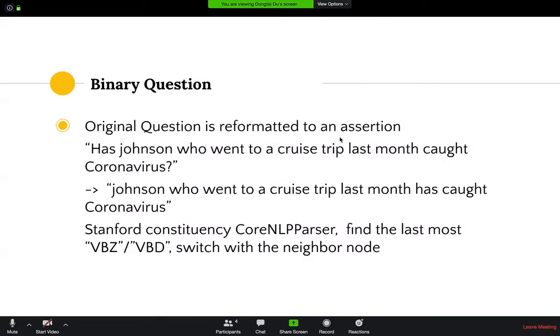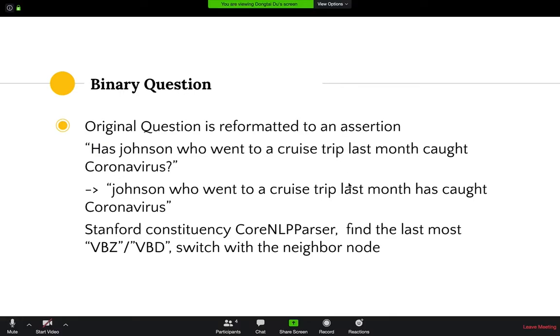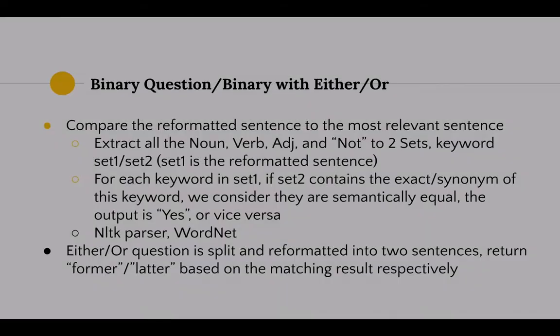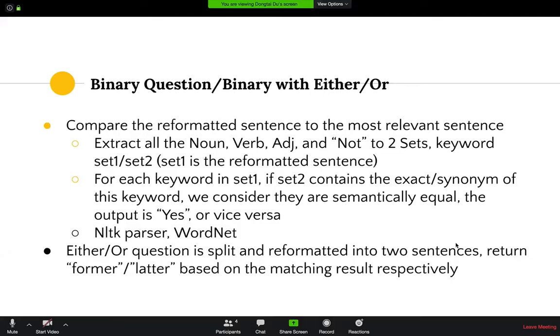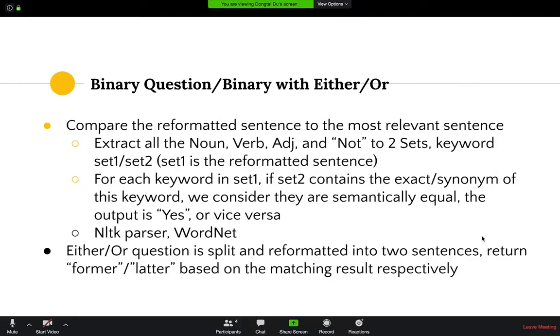So how we deal with binary questions is, first we take the original question and format it to assertion format. This is done using the Stanford constituency parser, which finds the leftmost constituent and switches it with its right neighbor. After the question is reformatted, we extract all the noun, verb, adjective, and not keywords into 2 sets.